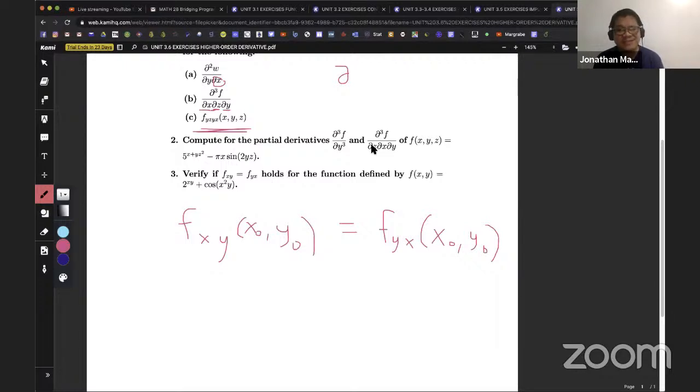What is the condition that f sub xy will be equal to f sub yx?